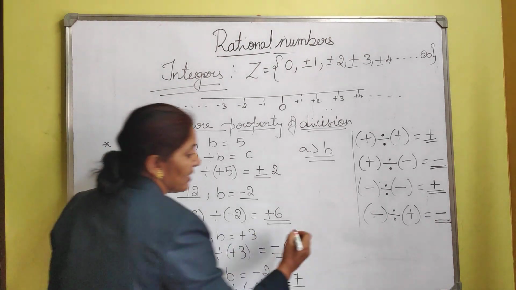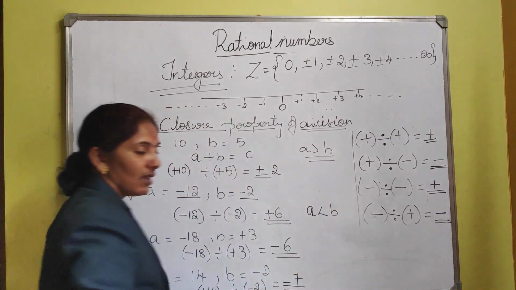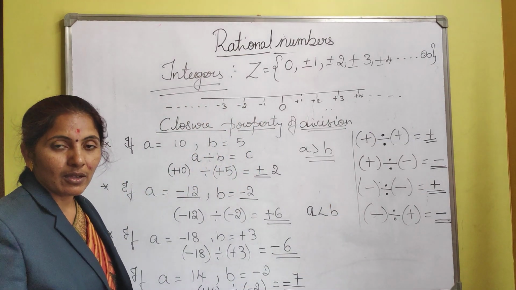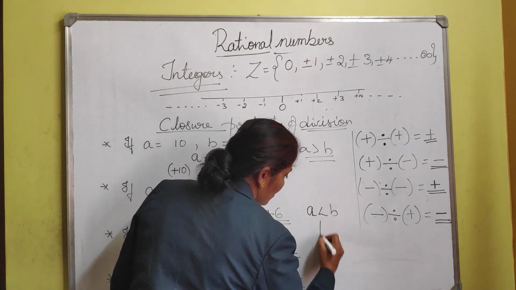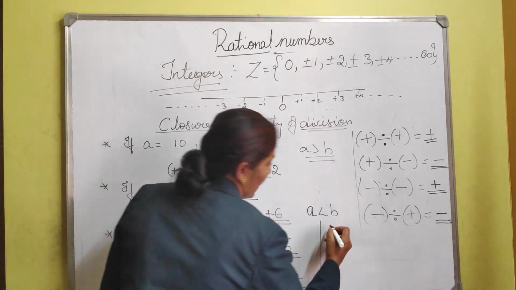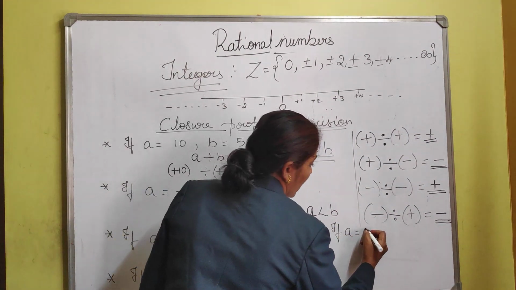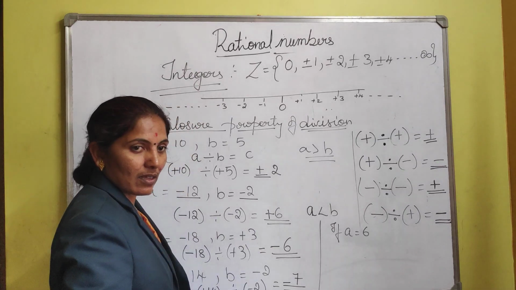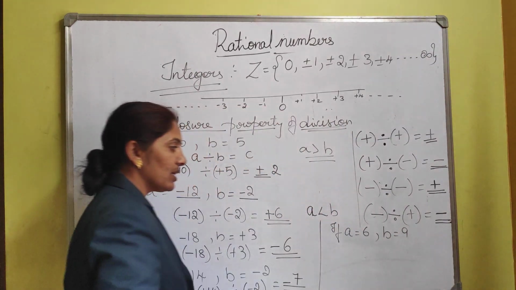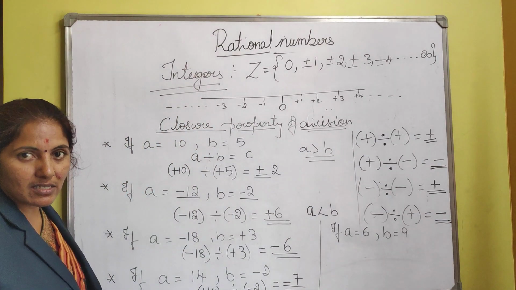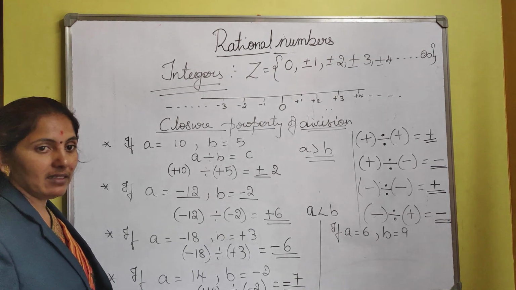Now, if I consider A less than B, what do we find here? Let us take a small example. If A is equal to 6 and B is equal to 9. You can see both are positive integers. They are multiples of 3, divisible by 3.